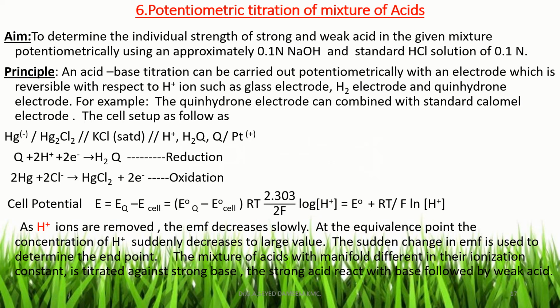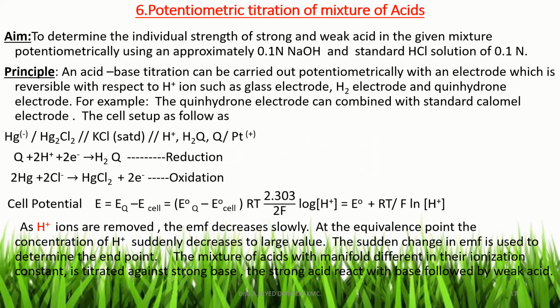Next, the principle: an acid-base titration can be carried out potentiometrically with an electrode reversible with respect to H plus ion, such as glass electrode, hydrogen electrode, and quinhydron electrode. In this experiment, a quinhydron electrode is used, which is nothing but a platinum electrode with a pinch of quinhydron in the solution.